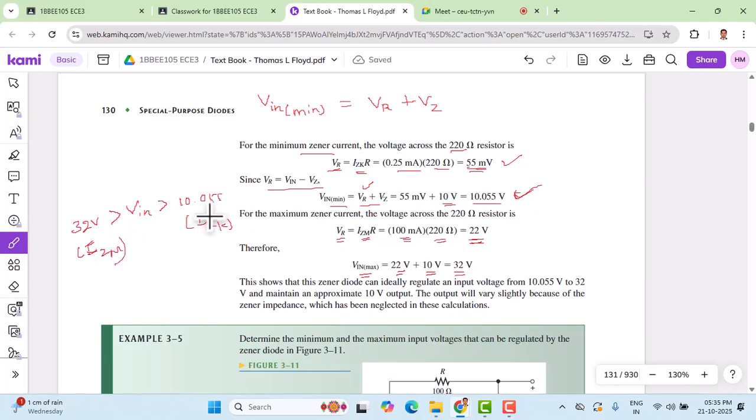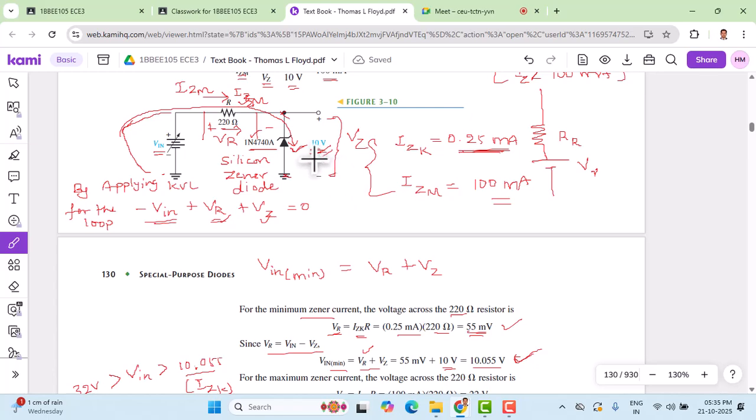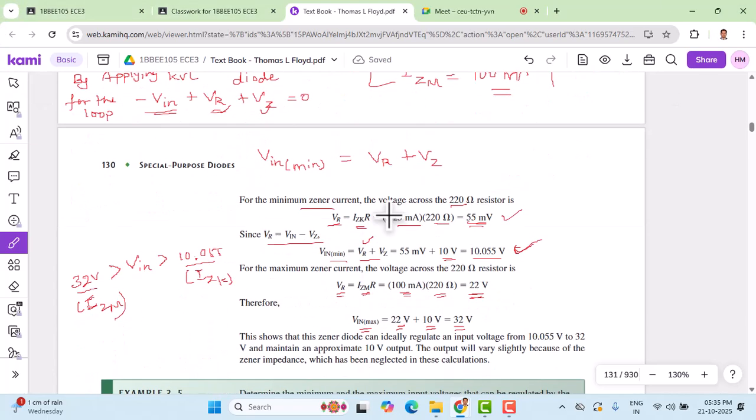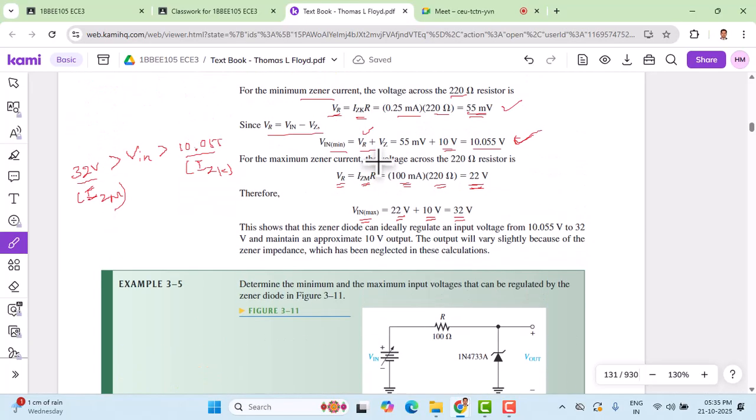When the input voltage is above 10.055 volts and below 32 volts, the Zener can provide a constant voltage of 10 volts. That's what we can conclude from solving this problem. Any questions before we go on to solving example problem 3.5?